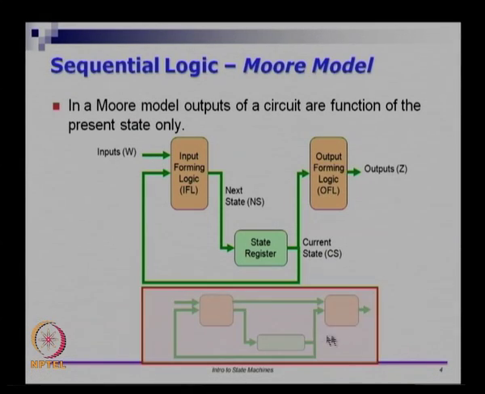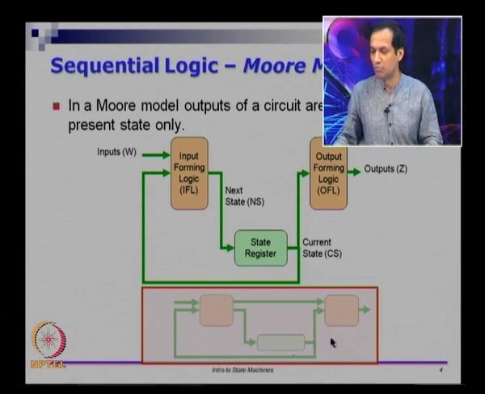So, unlike the Mealy model which I have shown below, so I am showing it as a grayed out module. So, this is a Mealy model in the bottom. The Mealy model, if you notice, the inputs are going to the output, which means if I look at it from the primary outputs perspective, both the current inputs and the current state can control the outputs.